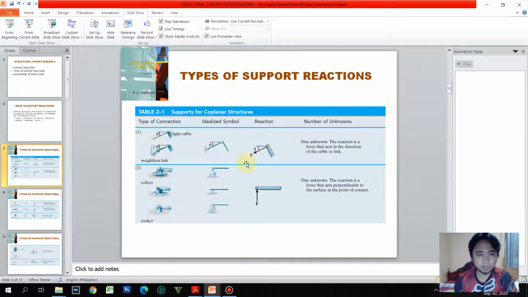Okay, for number 2, we have rollers or rockers. Rollers and rockers are free to move sideways because the reaction is only concentrated on the normal where it is resting.